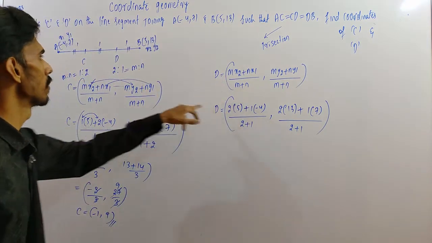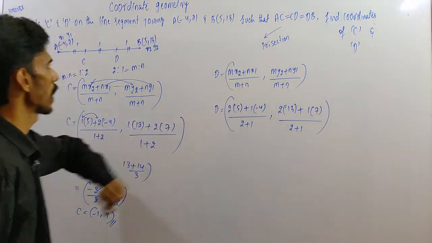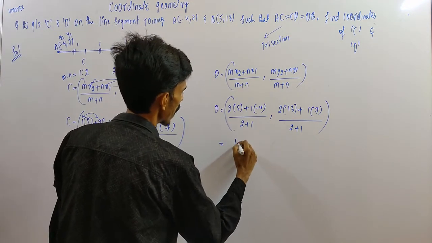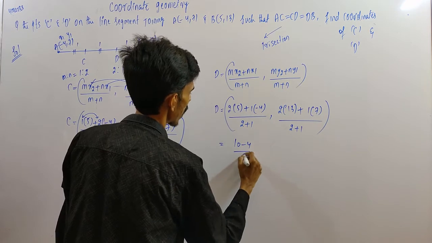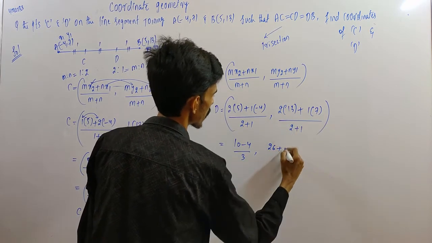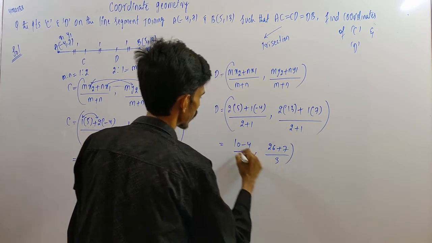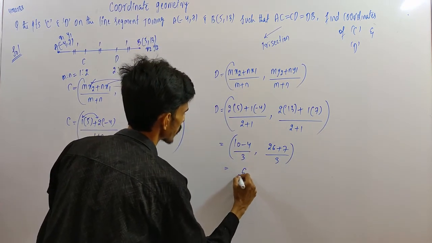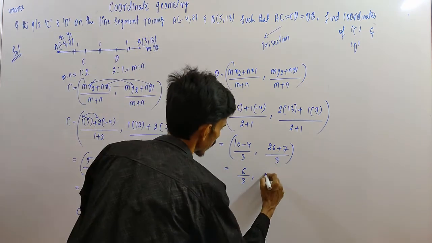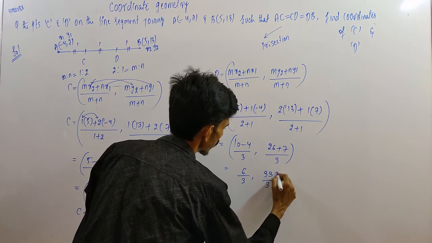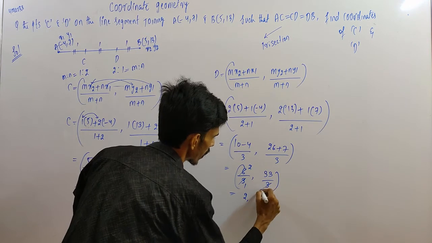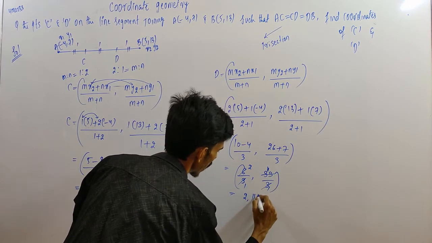Here the m value is 2, the x2 value is 5, direct substitute. 2 into 5 we have 10 plus 1 into -4, by 3. 2 into 13 we have 26, 1 into 7 we have 7, divided by 3. 10 minus 4 we have 6 by 3. 26 plus 7 we have 33 divided by 3. So 3 ones are 3, 3 elevens are 33, so we have 11.